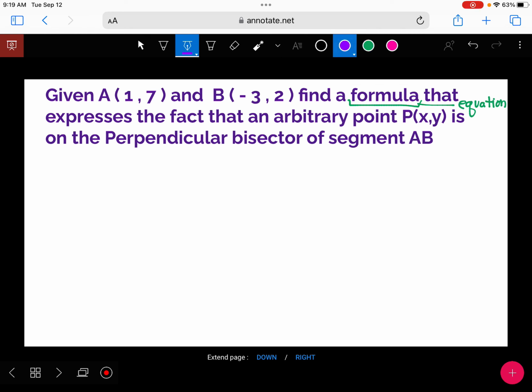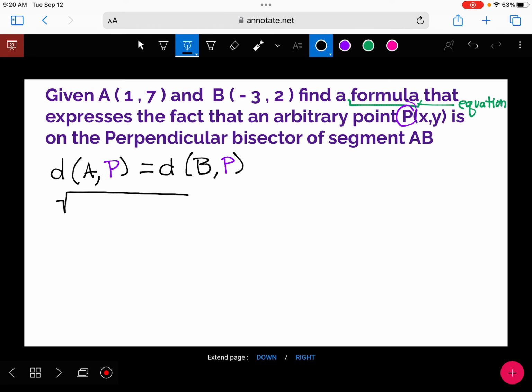So what we're going to do is find when some point P, the distance between A and P equals the distance of B and P. So the way we can find the equation of the perpendicular bisector is to use x and y as our points for P when I already have points for A and B. So we're going to write the formula for distance for both of these.